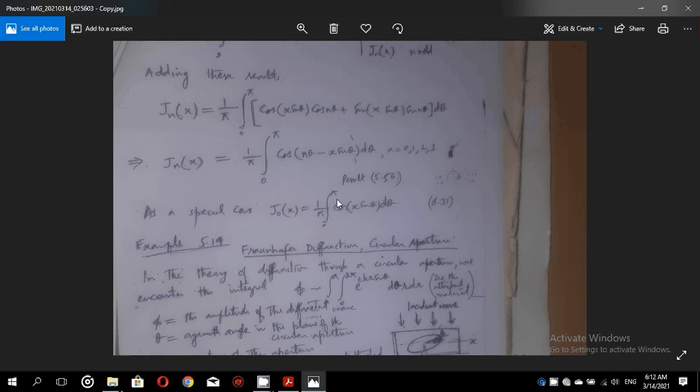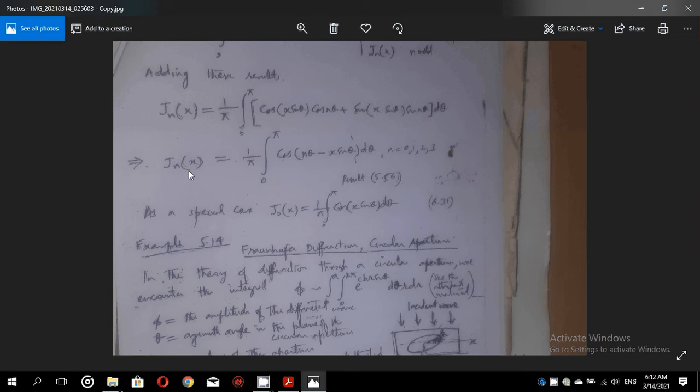This integral representation is very useful in calculating integrals of this type, because by conventional techniques this integration is not very simple, but using the integral representation of Bessel's function, we can calculate such integrals very easily. If say you have the integral of cos of 2 theta minus x sine theta d theta, this will be equal to J2x, and so on.